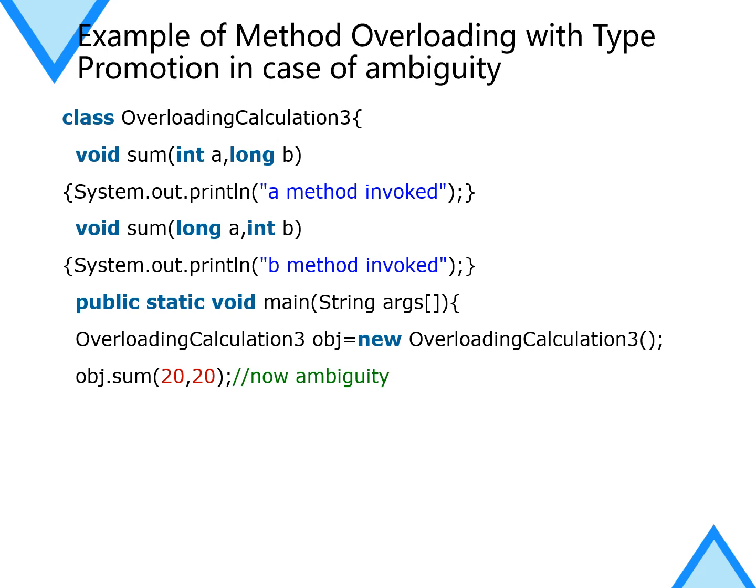So again, after type promotion, it still creates ambiguity. So this program will result in a compile time error. If the type promotion cannot resolve the ambiguity, it will result in a compile time error.